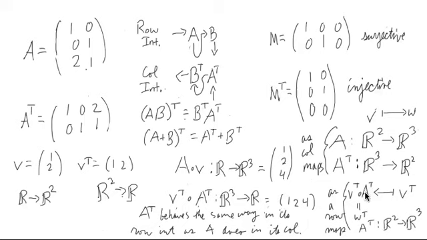Now, here's just another thought. What if we think of a row interpretation of A transpose? Naturally, the row interpretation of A transpose should actually get us to the column interpretation of A. So in the row interpretation, we put a row in here, and we have 2 rows here, so we put a row of size 2.